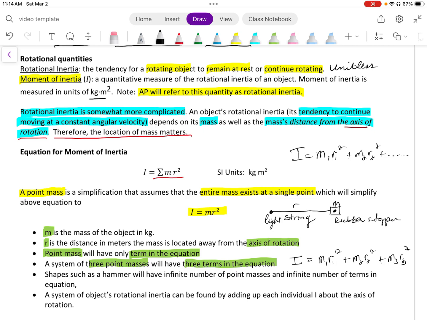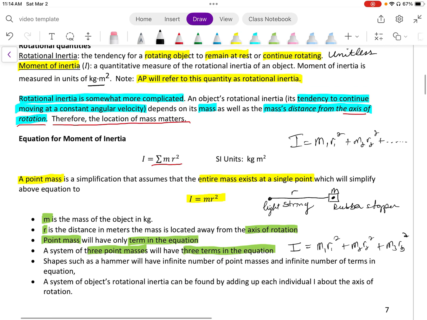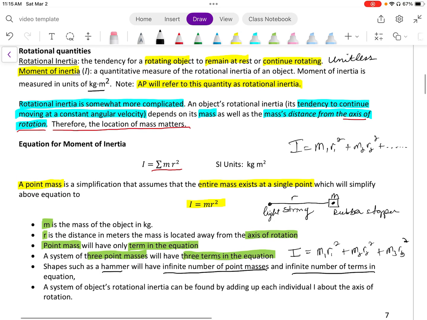Shapes that cannot be broken up into point masses, such as the hammer that we talked about in the previous lecture, have an infinite number of point masses and an infinite number of terms in that equation for I. Okay, so we'll talk about how to deal with that in just a minute. For a system of objects, rotational inertia can be found by adding up individual I values about the axis of rotation.